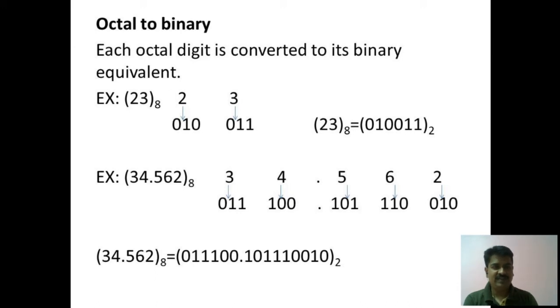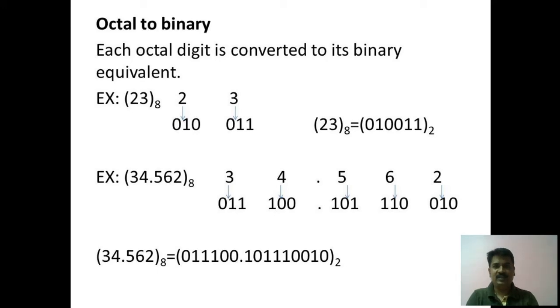So put 0 to the left hand side. It will be 0, 1, 0. So write it together. Write the digits as they are together. If you write it together, it is 0, 1, 1, 1, 0, 0, point 1, 0, 1, 1, 1, 0, 0, 1, 0. It's a very lengthy binary number, which corresponds to the given octal number.